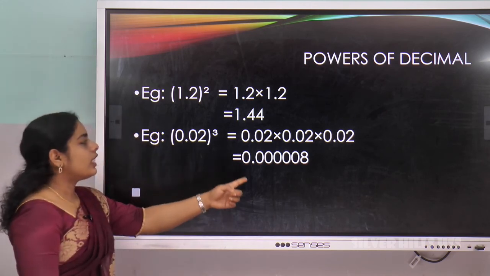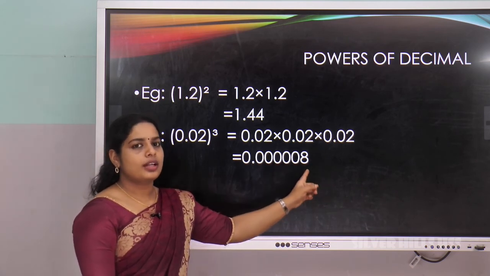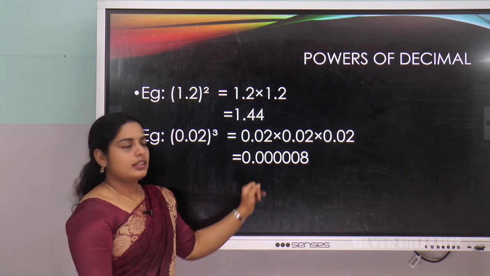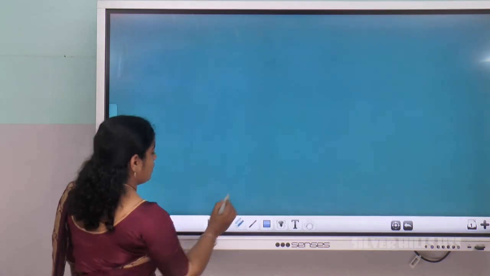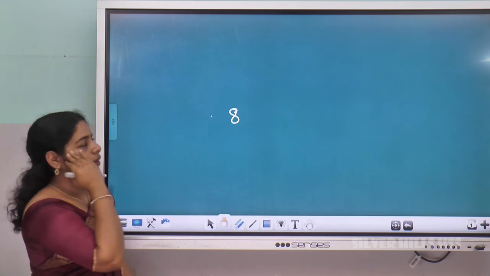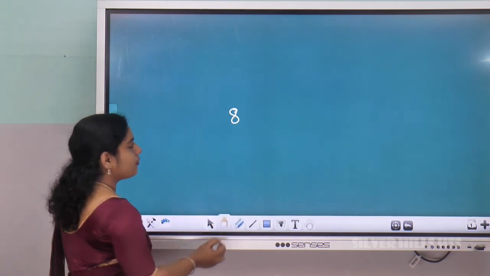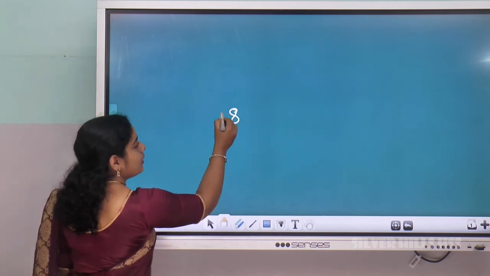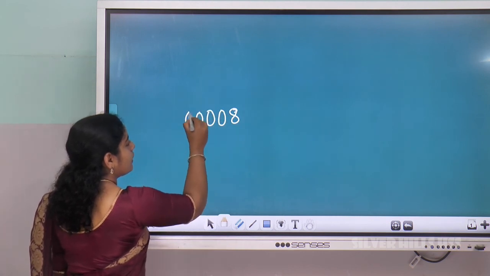But here see, we have only 1 digit, that is 8. 2 into 2 into 2, 8 only we have. So the rest of the digits will be 0. That is, we have 8 as the answer. Now from the right side we have to put a point after 6 digits. So the first digit is 8, the second digit will be 0, third, 4th, 5th, 6th.